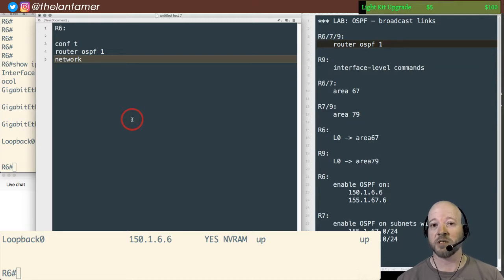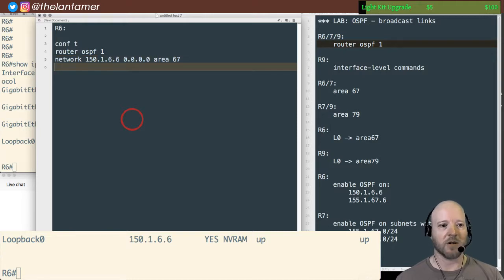What's going to be the most specific to identify the interface you're doing? I would say here we're going to do 150.1.6.6 and then 0.0.0.0, because we want to look at that specific interface only. And then we're going to say area 67.